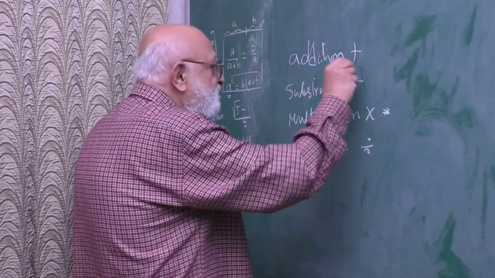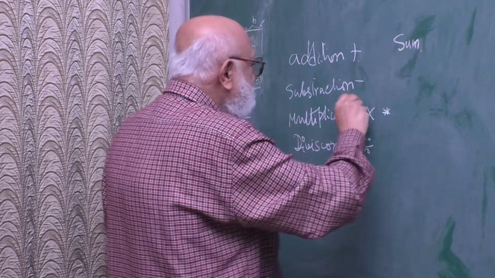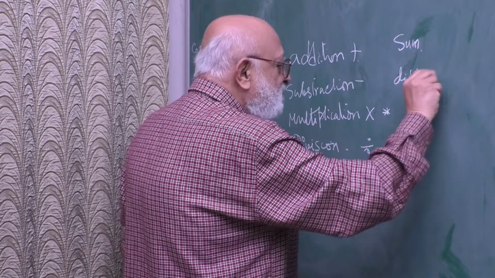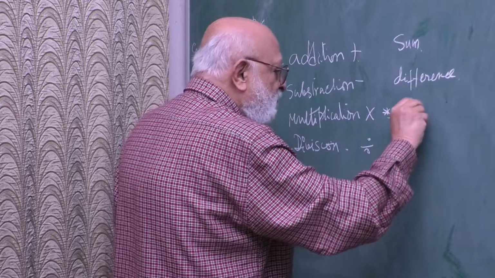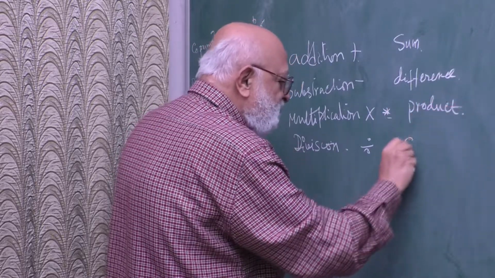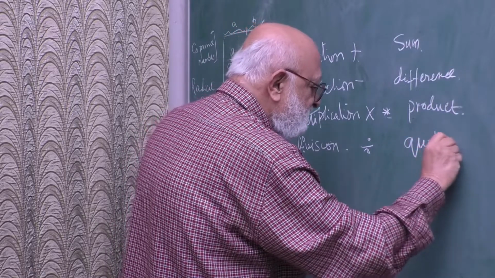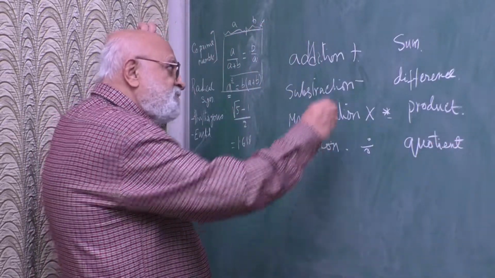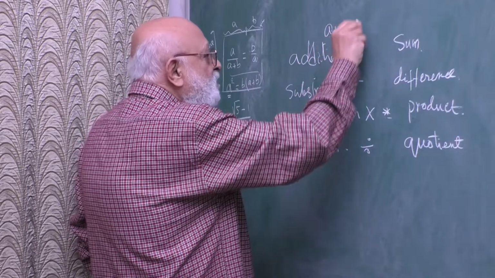Now when you add certain things, the result is also known as the sum. The outcome of subtraction is known as the difference. This is also known as the product, and this is known as the quotient. So don't get confused. Sum is when you add two things, like a plus a equal to 2a.